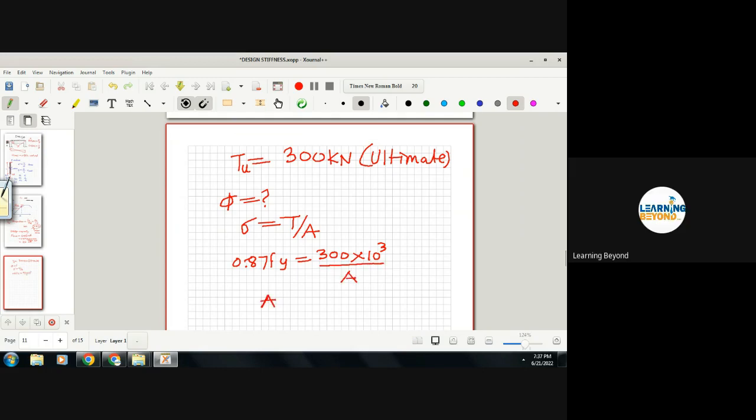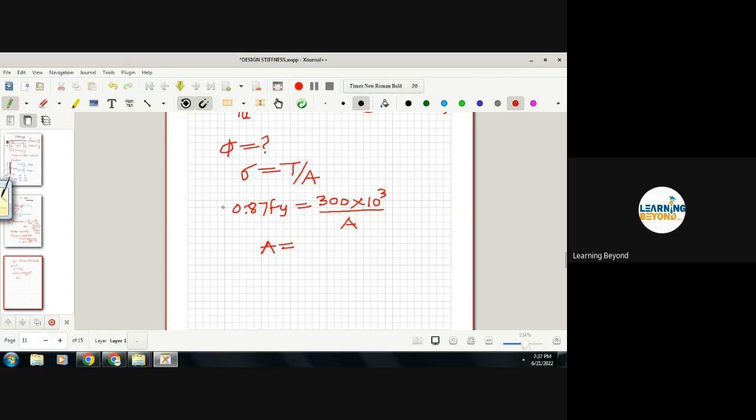What is the area required? About 700 mm square, let's say.